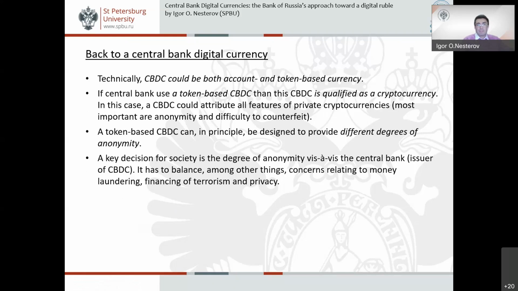In this case, a CBDC could attribute all features of private cryptocurrencies. The most important and the most well-known are anonymity and difficulty to counterfeit, because of this digital decentralized, distributed ledger technology used as a basis for the CBDC platform.